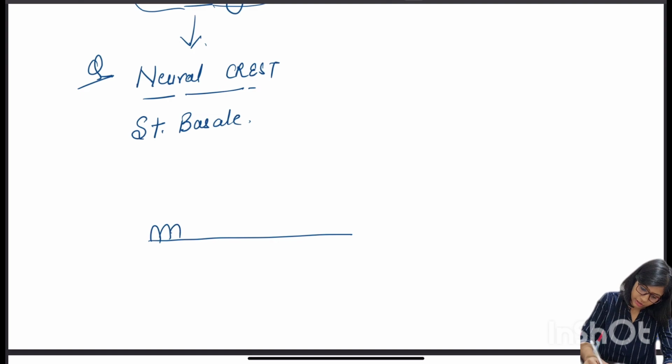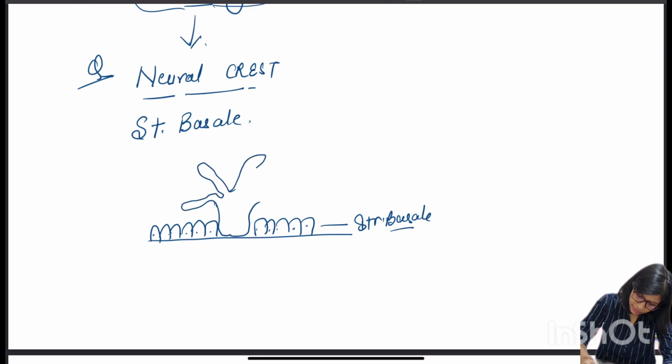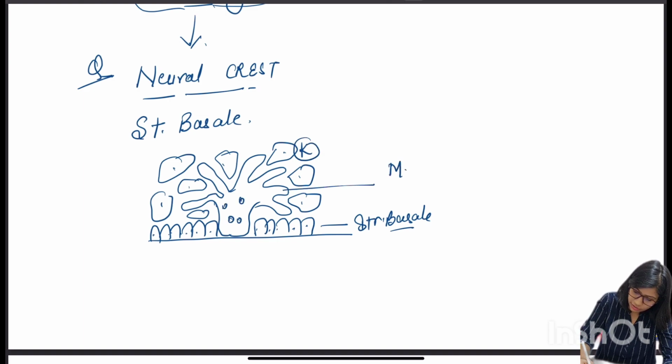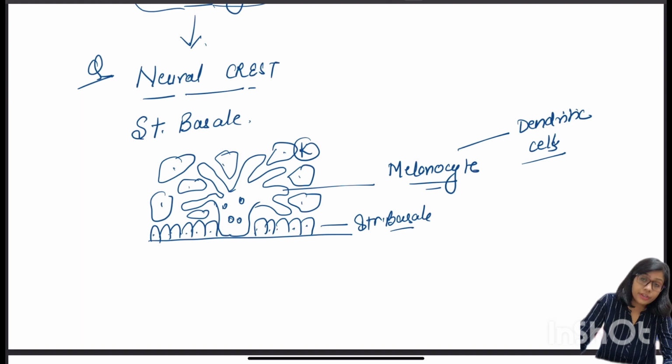So, if this is our basal layer, made up of columnar cells, like we discussed previously, here we have keratinocytes, and we have this cell which is a melanocyte having dendritic projections, so also known as dendritic cells, right?